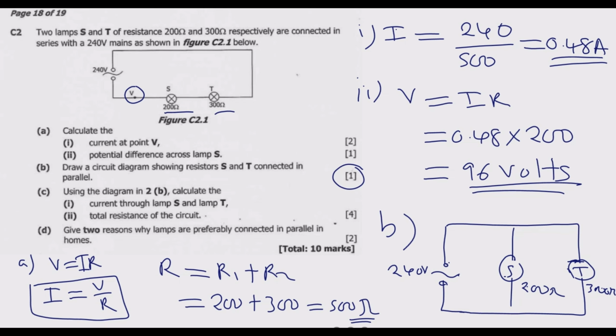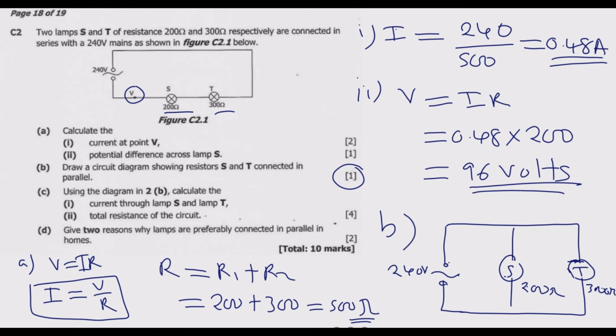Then C, using the diagram in 2B, calculate the current through lamp S and T. Then Roman numeral 2, we need to calculate the total resistance of the circuit.